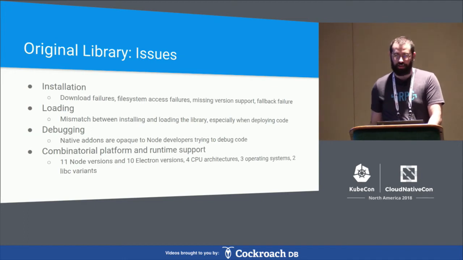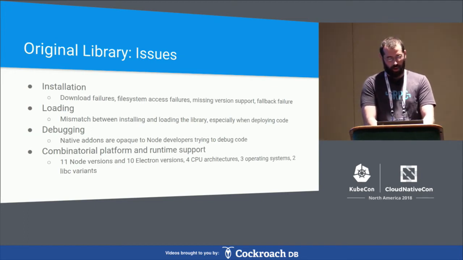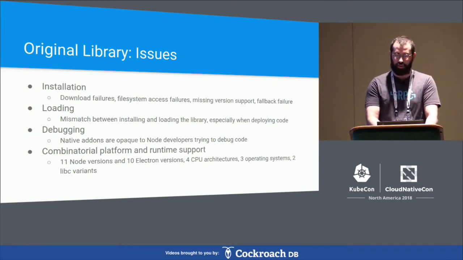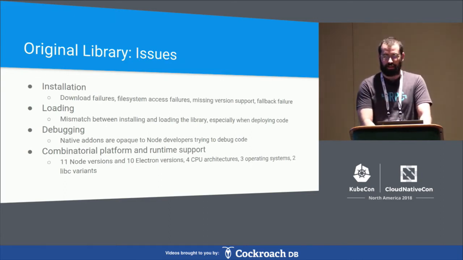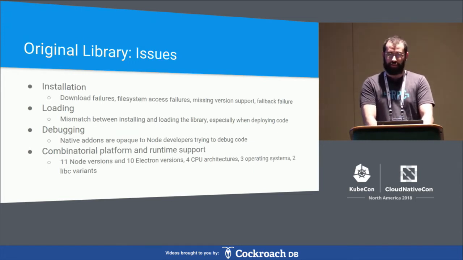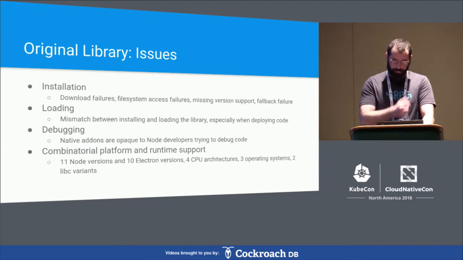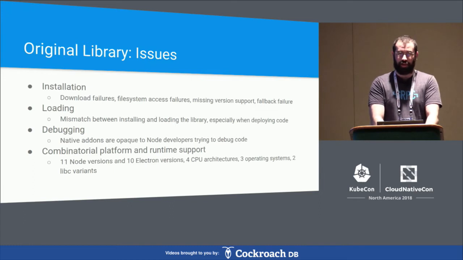This has led to this combinatorial explosion. We don't support every single combination of these things. Some of them just don't make sense. But we still have well over 300 binaries that we publish with every single version of gRPC, that total almost half a gigabyte.